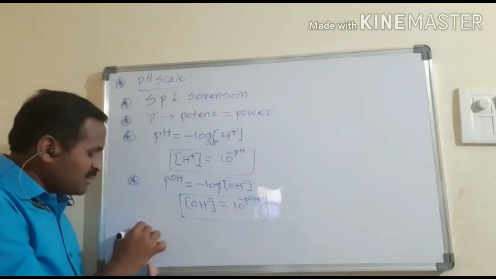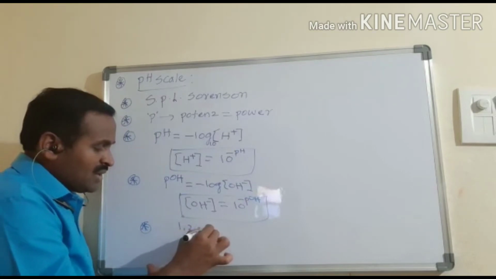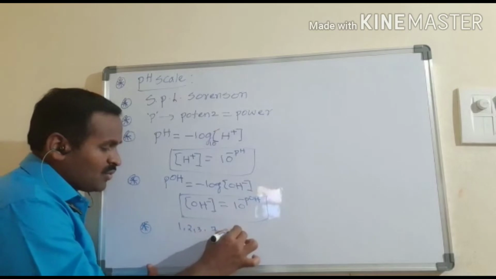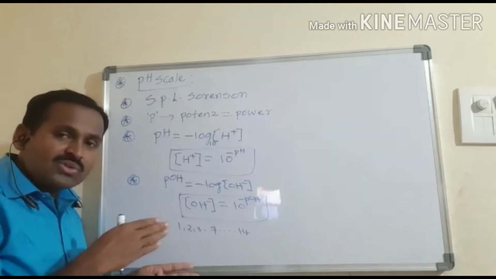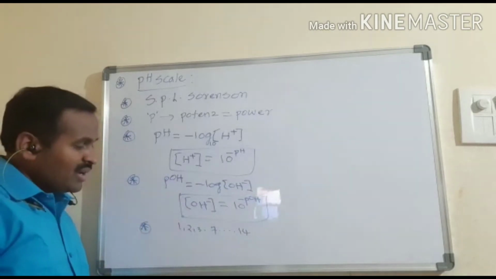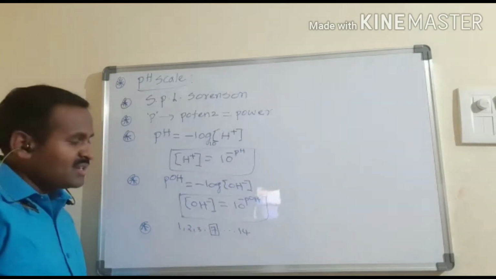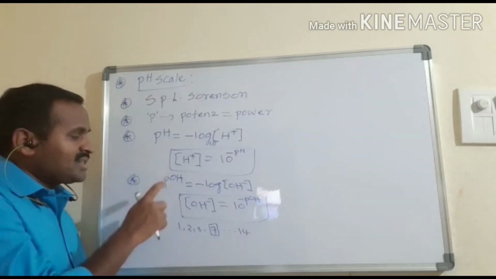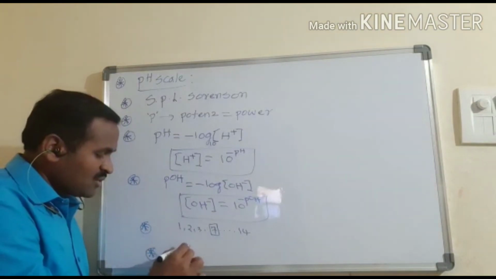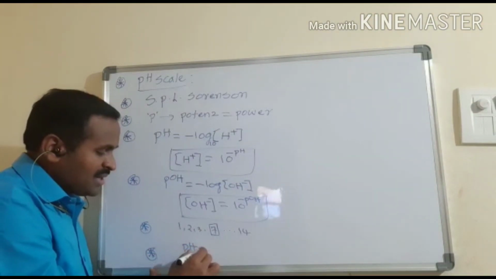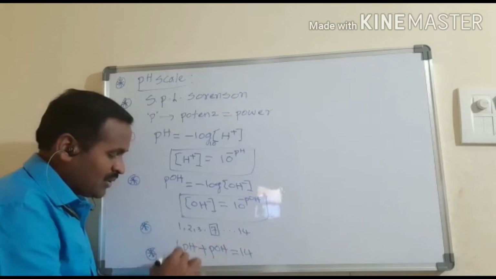As we all know, pH values range from 1, 2, 3 and so on up to 14, with 7 somewhere in the middle. Whenever the pH value is exactly 7, the solution is neutral.